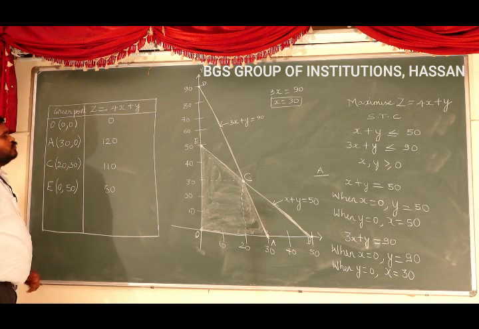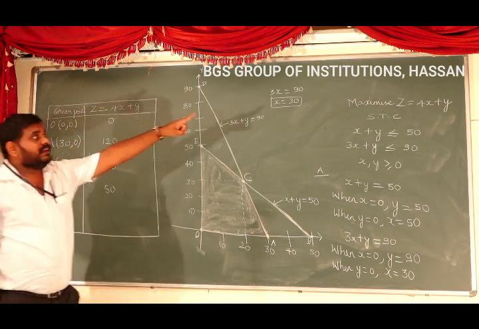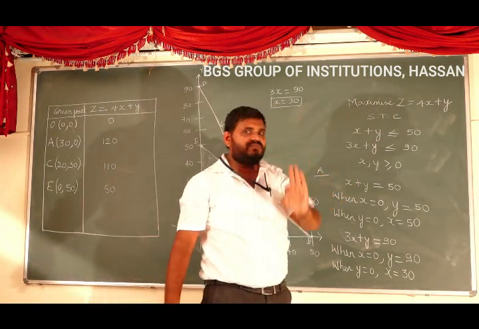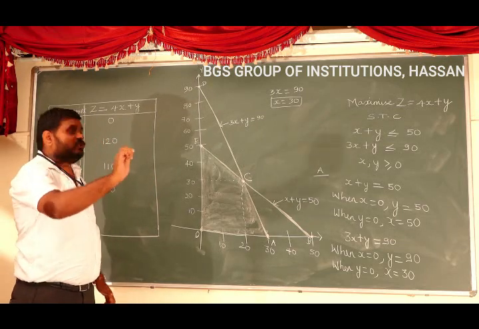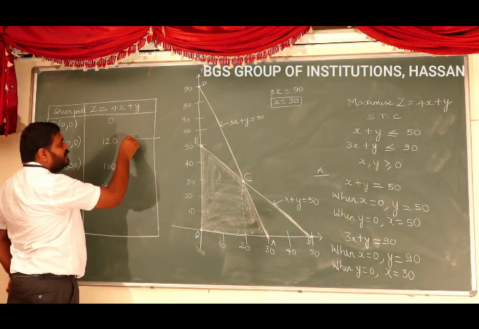Now, among these values, whatever you have got, what is the maximum? Because my intention is to find the maximized z, I need to find the maximum value of z.